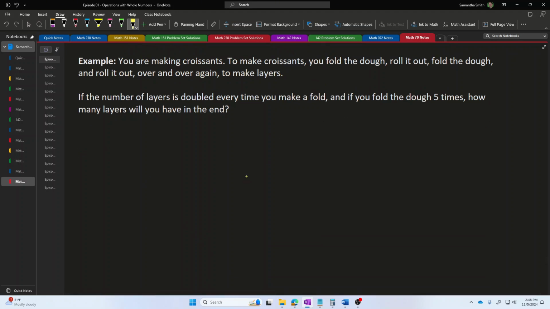So if I start with 1 layer of dough, and then I fold it 1 time, then the number of layers is doubled. So the number of layers gets multiplied by 2. This is 1 fold. If I fold it again, then the number of layers gets doubled again. So now I'm up to 2 folds. If I fold it again, then the number of layers gets doubled again.